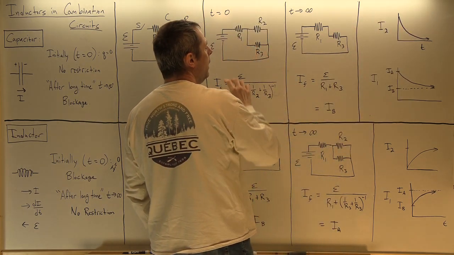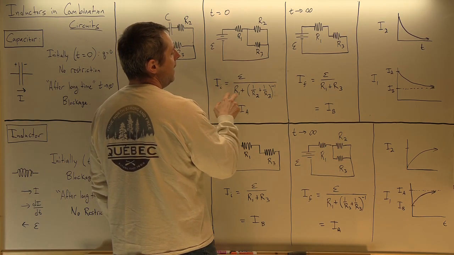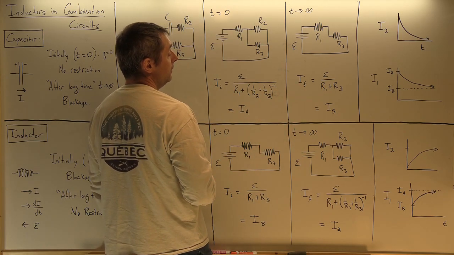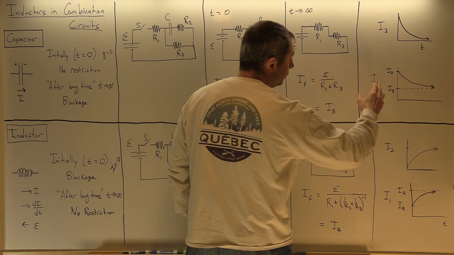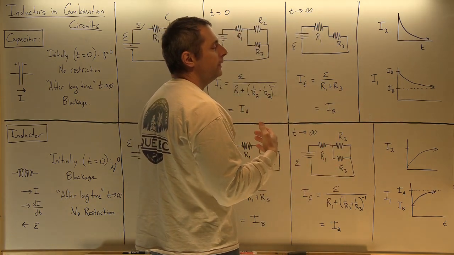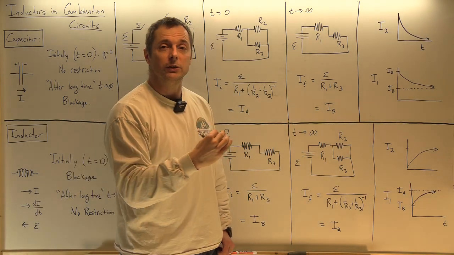Now, in resistor 1, what happens is the current starts here, and then it gradually decreases to this. And so what we could do is plot that it starts here and ends there. But as we know with capacitors, things exponentially reach their final value.